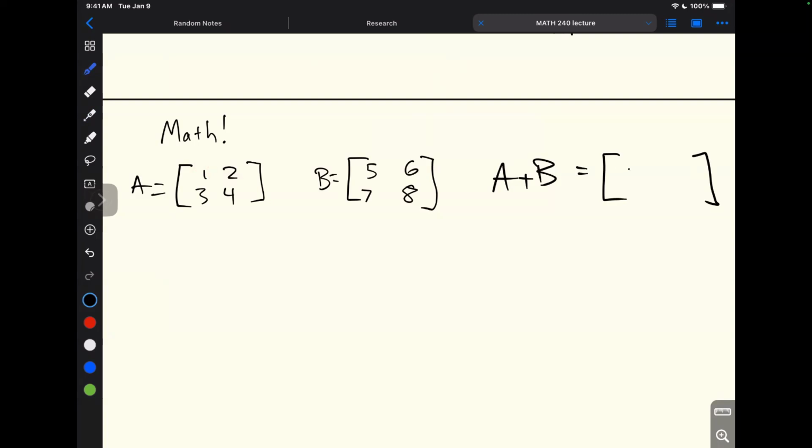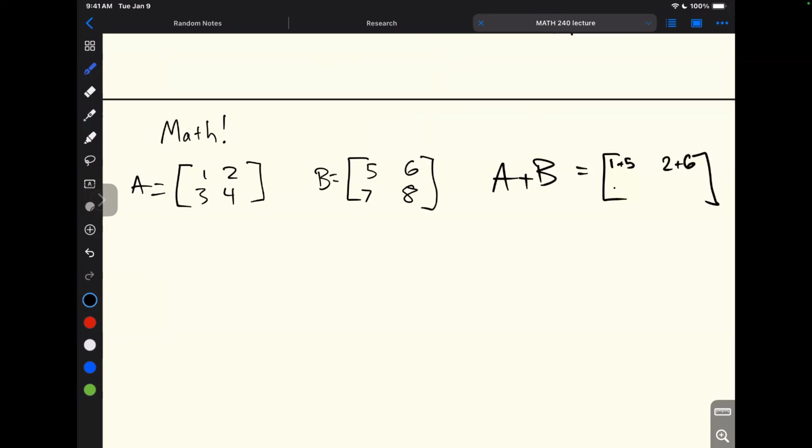For the first entry, we add the first entry in A, the A11, which is 1, to B11. So this gives us 1 plus 5. The A12 entry, the row 1, column 2 entry, will be 2 plus 6.